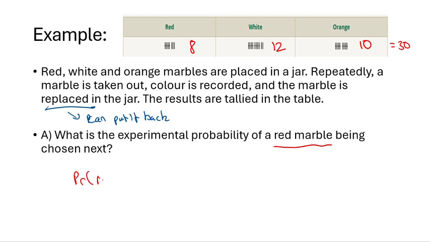So P(red) equals 8 over 30. And then if you can simplify, then great, do it. In this case, the simplifying is by 2. So this just turns out to be 4 out of 15. That is the probability of me drawing a red marble on the next draw.